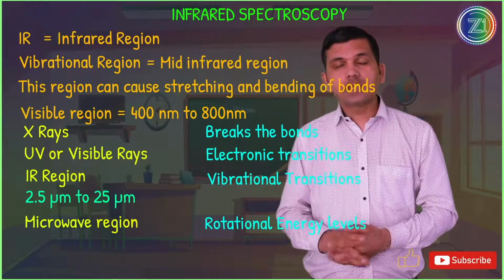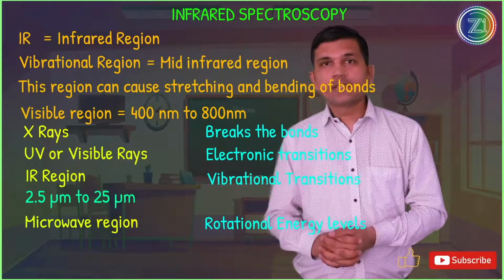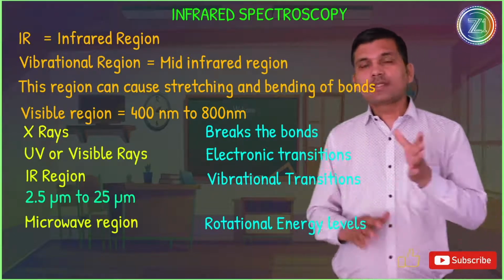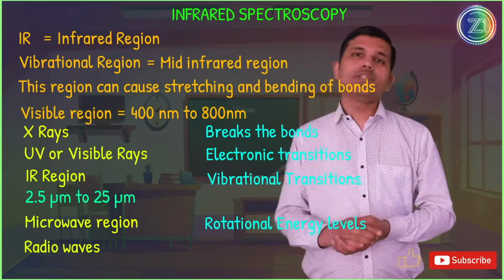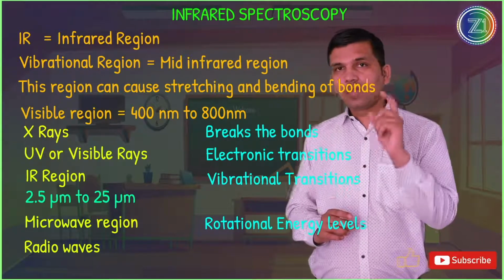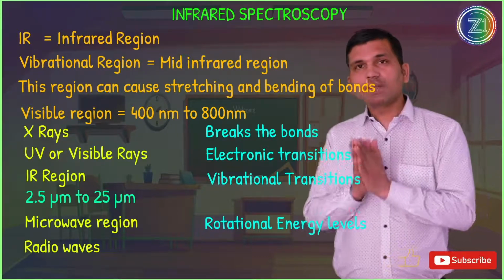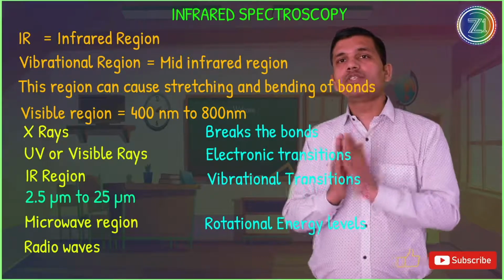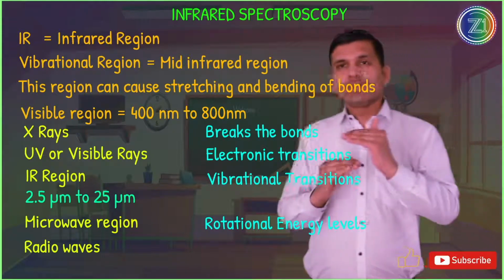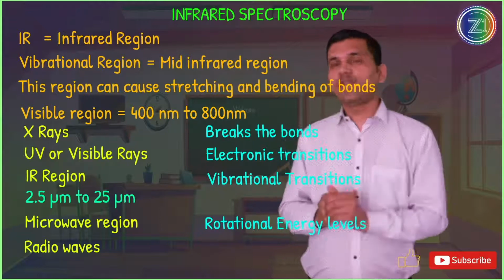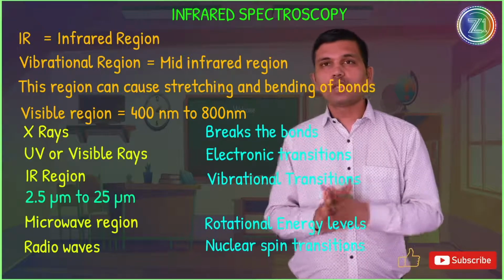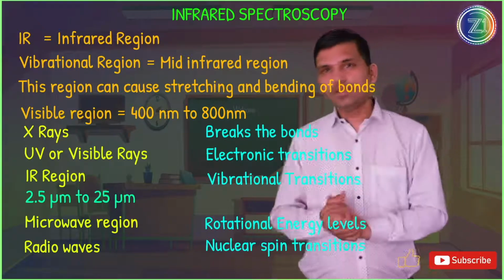Next, we can talk about the last part, that is radio waves. Radio waves can supply the energy for transitions between nuclear energy levels. We can show the transitions between nuclear energy levels by using these radiations, because radio waves have the smallest energies.